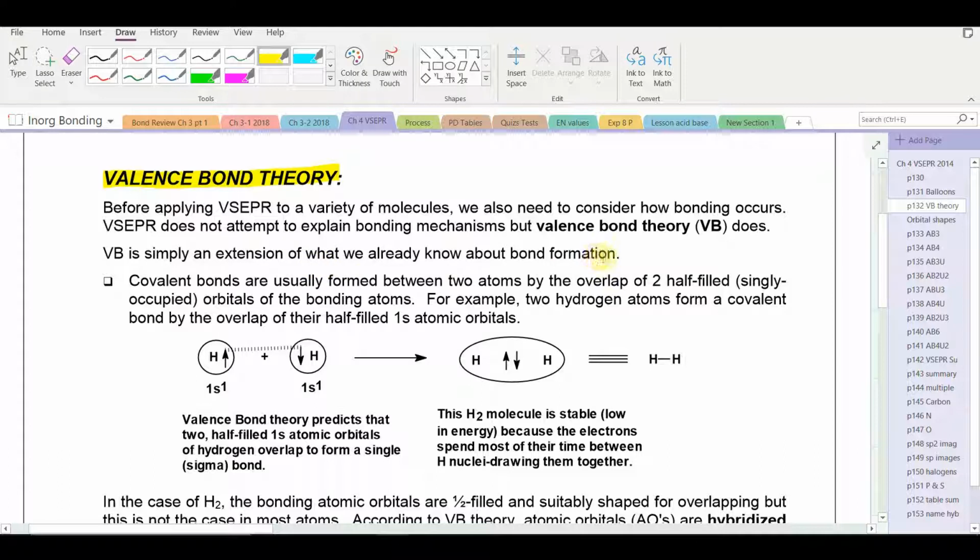Covalent bonds are usually formed between 2 atoms by the overlap of 2 half-filled, singly occupied orbitals of the bonding atoms. Look at hydrogen. 2 hydrogen atoms form a covalent bond by overlap of their half-filled 1s atomic orbitals. And that forms a hydrogen molecule that is stable because the electrons spend most of their time between the hydrogen nuclei, drawing them together.